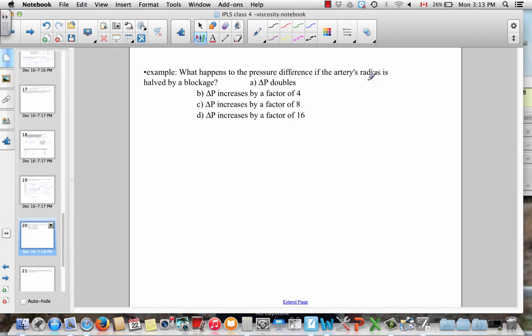Now, what if we have an abnormality? What if that artery's radius is cut in half by a blockage? What will then happen to that pressure difference? So we've got a certain delta P that's just healthy due to blood viscosity. But what if that artery is blocked up? So its radius is now cut in half.